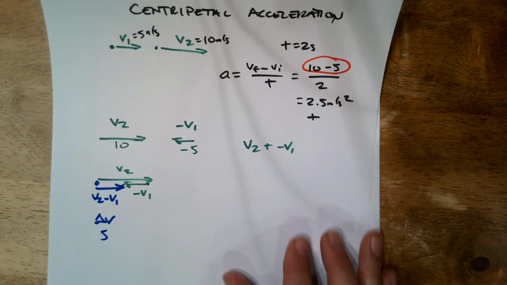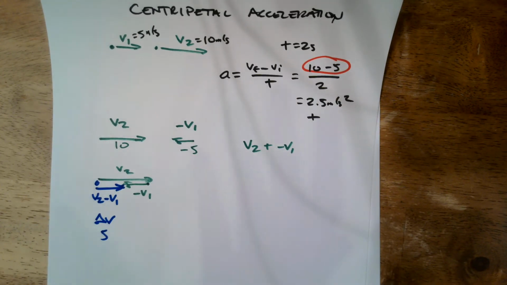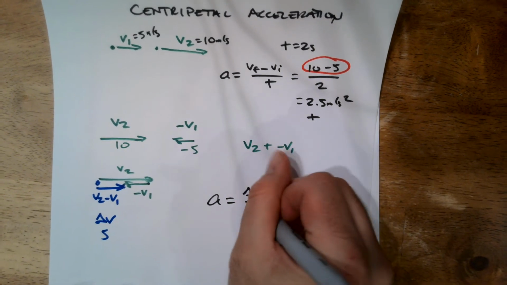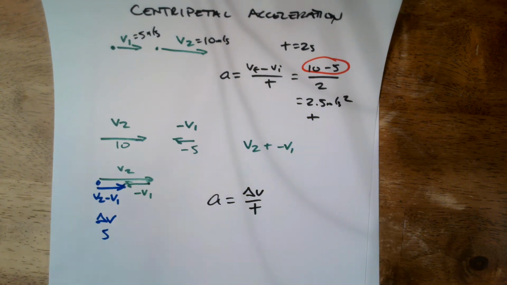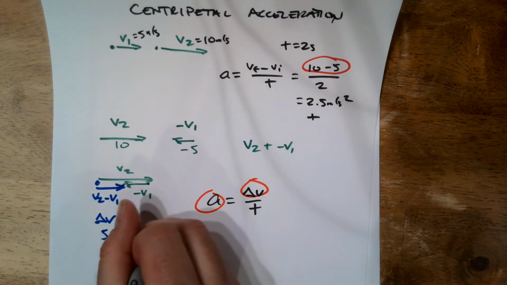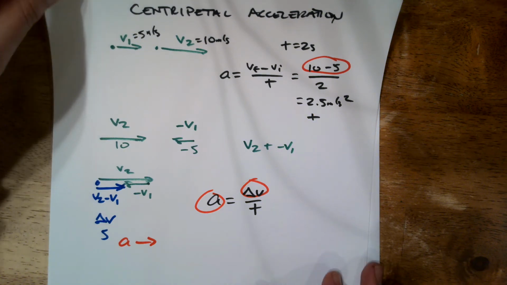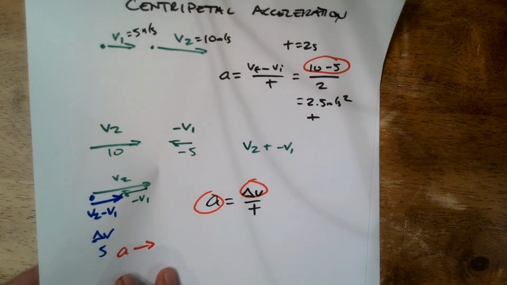So when we're looking at vector subtraction in one dimension, all we have to do is do this graphical technique, and it will make perfect sense as to why delta v is pointed that way. Now when you get delta v, that actually points in the same direction as a, because a is delta v over t. So you expect this sign and this sign to match, which means that this thing's acceleration is directed to the right. So the whole point of vector subtraction in this case is to get the direction of our acceleration.